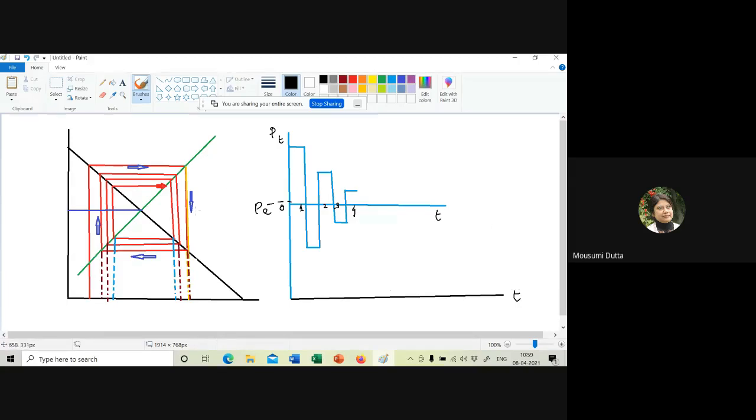So I may not write T here. I could write T here too if I draw the axis. So this is a specific, you can mark the scale along the horizontal axis. Actually, you don't need to draw these parts.